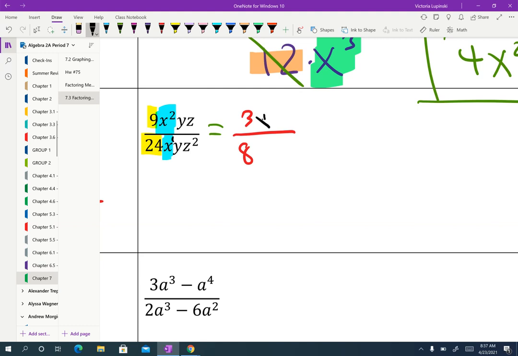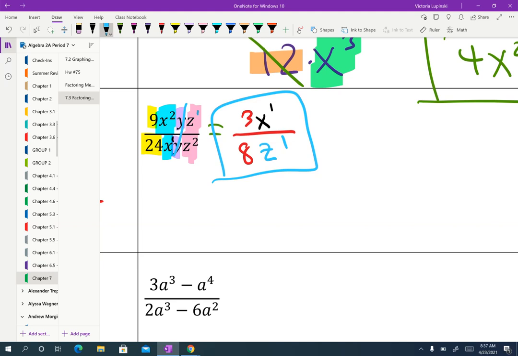The top by 1. If you take a look at the y's, because they are exactly equal, I can just cancel those y's out altogether. And then as I look at the z's, where are there more z's, top or bottom? Bottom by how much? By 1. And you don't have to put z to the first and x to the first. Again, it's just there if you want to.